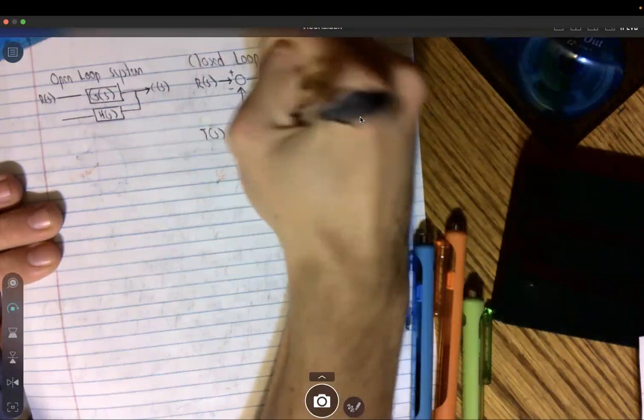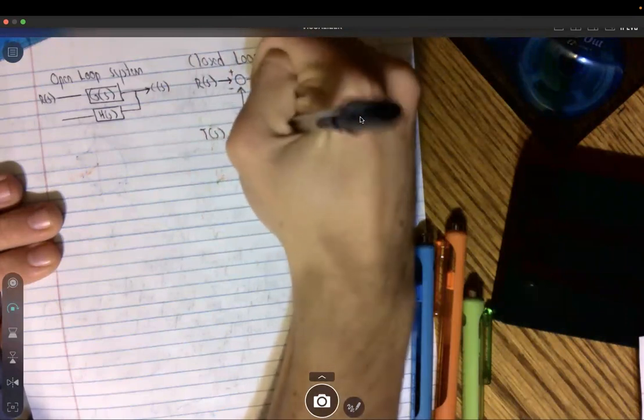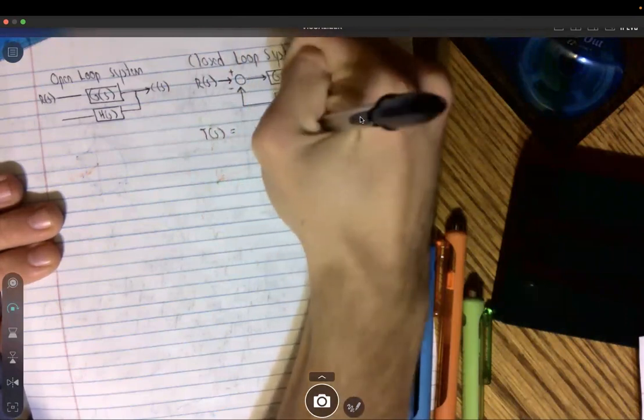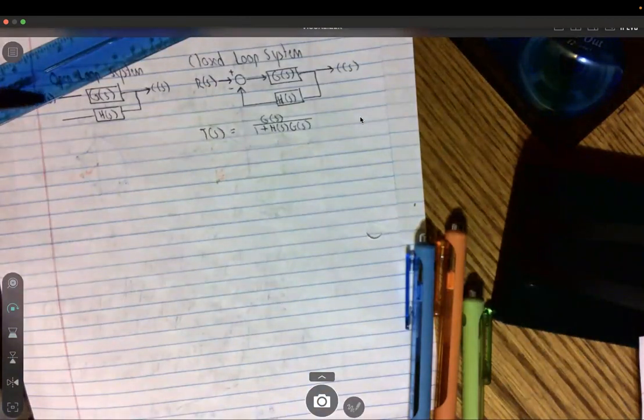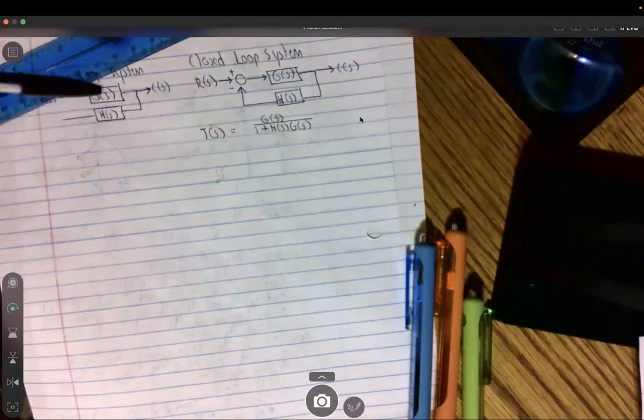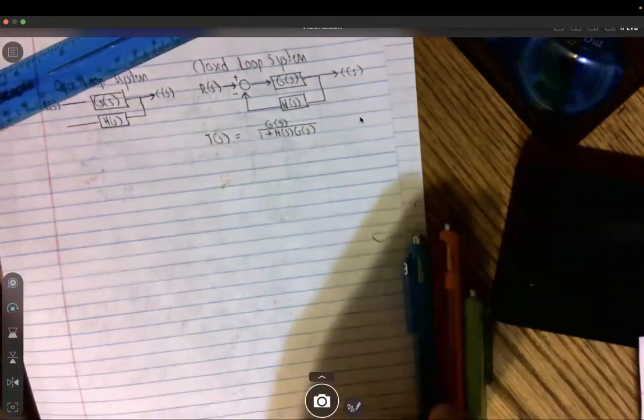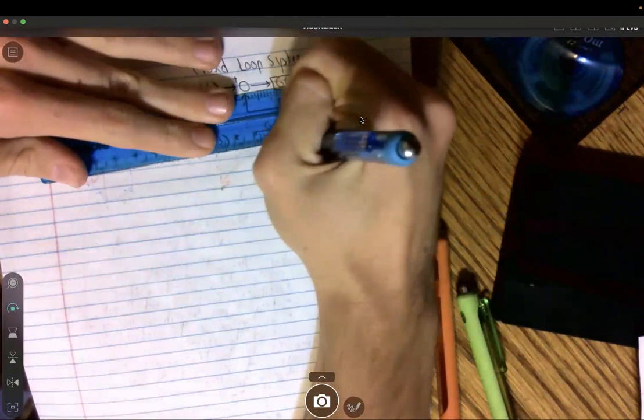For this, your transfer function T of S is going to be given by G of S over 1 plus H of S, G of S. This one here, we're going to call the open loop gain, G of S times H of S. This often refers to the denominator.